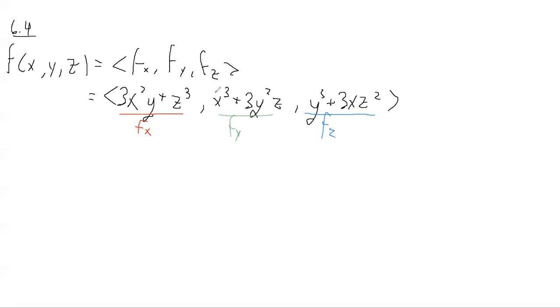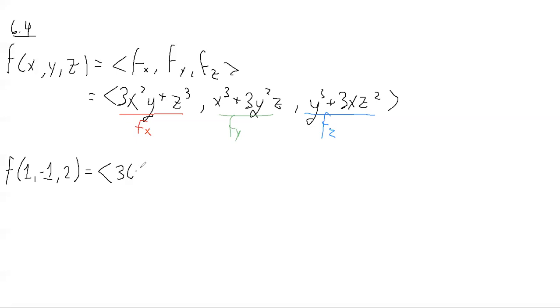Okay, it's pretty straightforward. And now, like I said, it's asking for your gradient vector. How we find a gradient vector is very easy. It's just basically plugging in those values that were given to us. Remember that our x, y, z values from the question were 1, -1, and 2. And all we're going to do is just plug it back in.